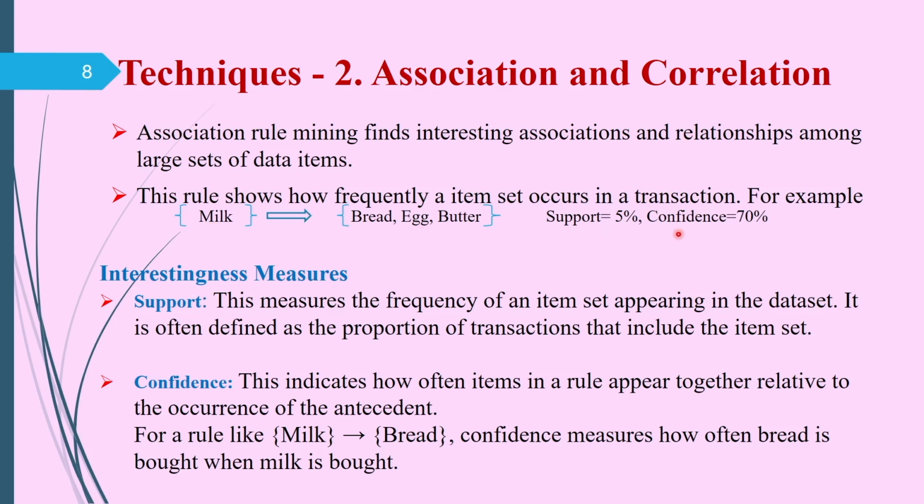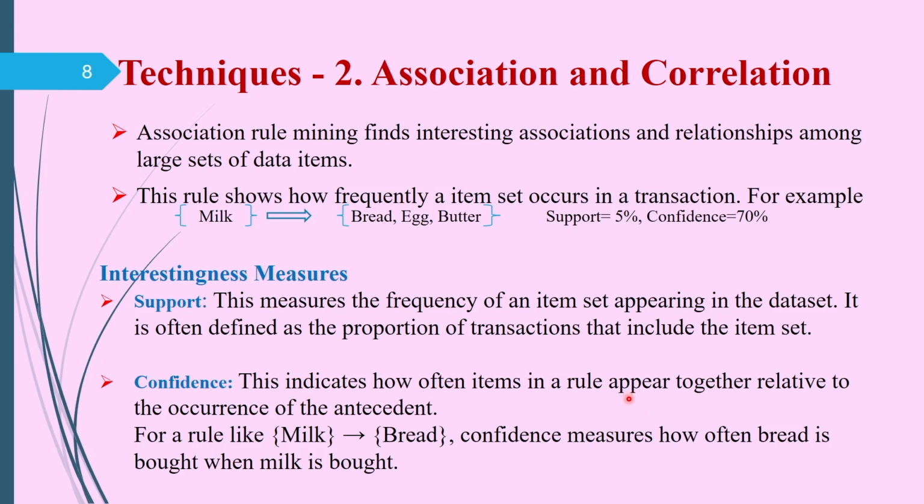with the support as well as the confidence factor. Whenever a rule is framed, support and confidence must be available in order to strengthen the rule. The interesting measures are identified by support and confidence only. Here, support is the frequency of an item set appearing in the data set, that is, how many times milk is repeated, and confidence is how often the items are repeated together in the basket.